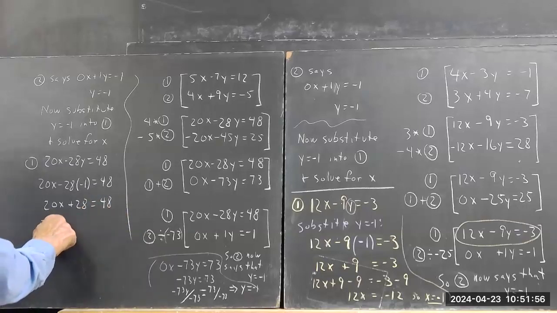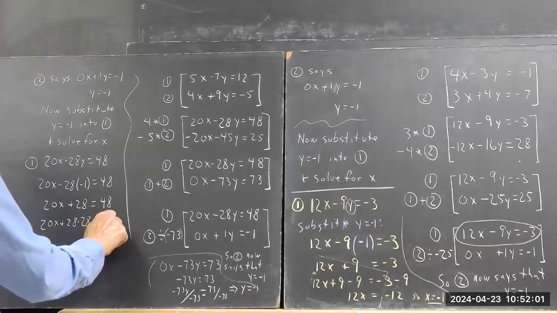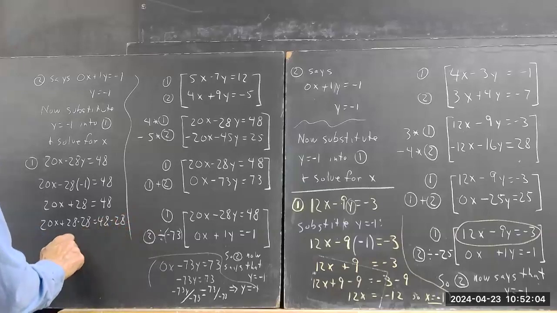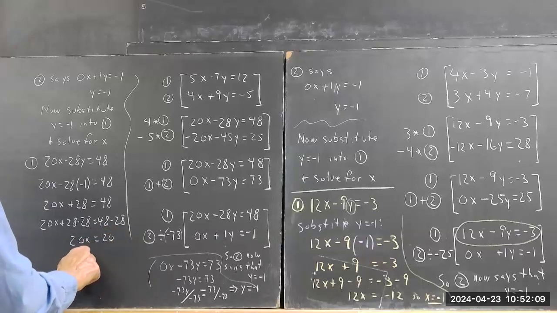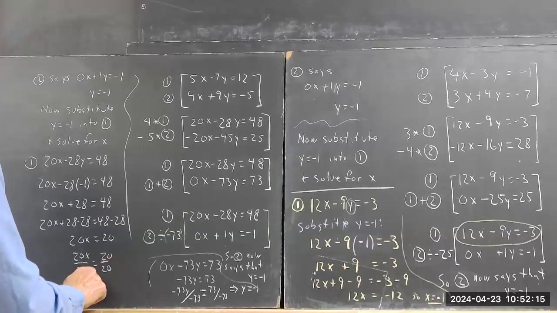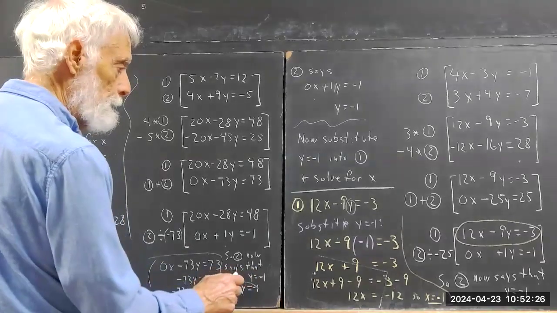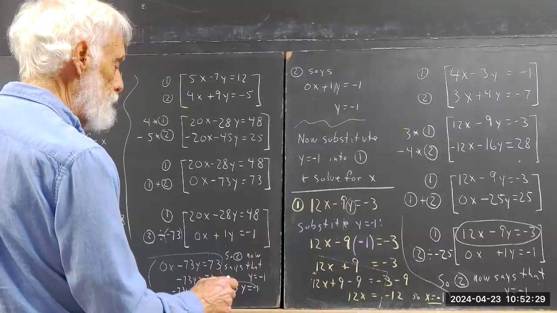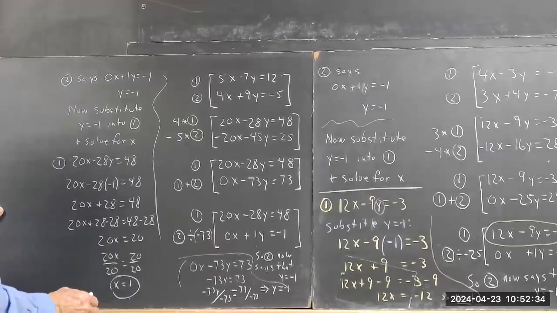We subtract 28 from both sides, and we get 20x equals 20. We do 20x divided by 20 equals 20 divided by 20, and we get x equals 1. So we'll circle x equals 1. Well, I didn't circle it before, but I'll take the liberty. Okay. Now what?